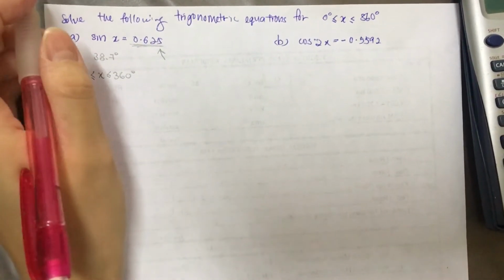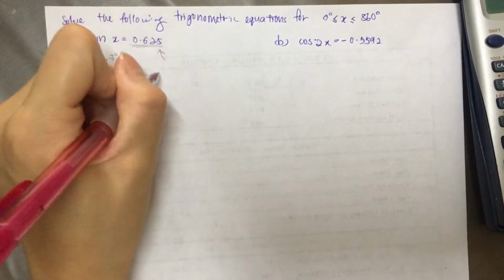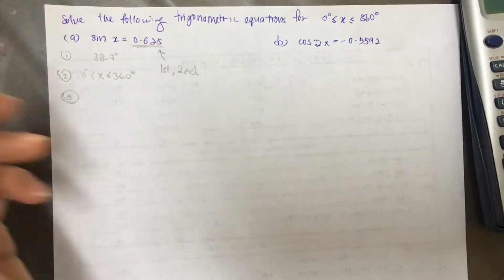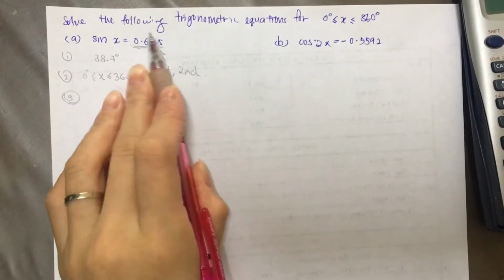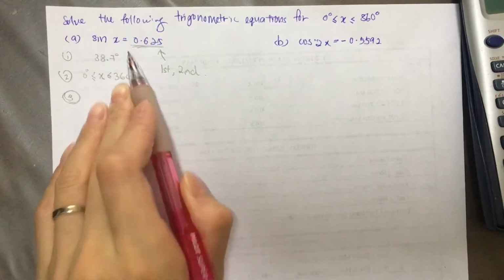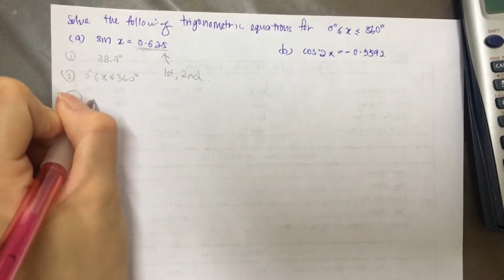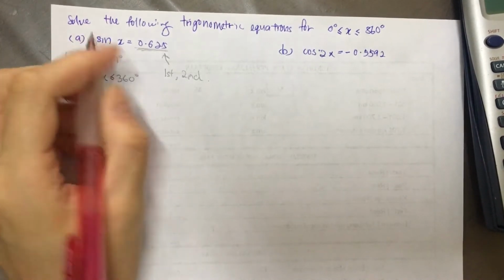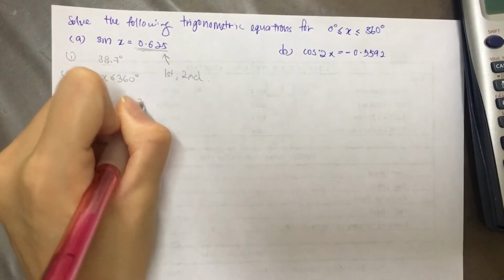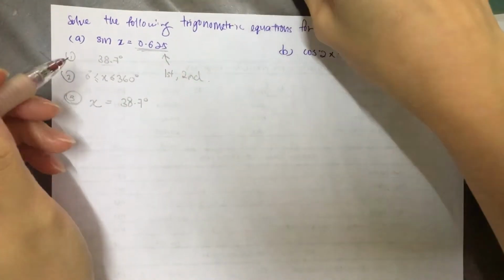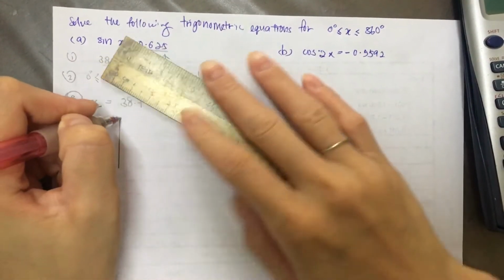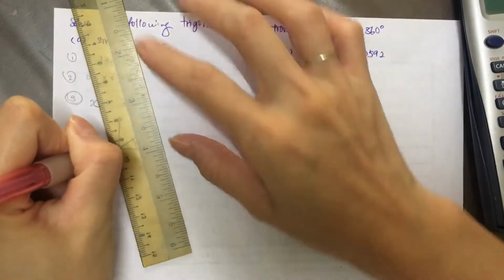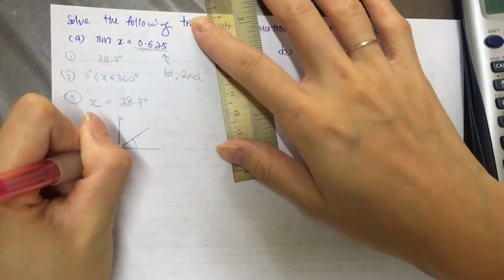The angle lies on the first and second quadrant for a positive value. Because this is a positive value, we know that sine is positive in the first and second quadrant. So your first quadrant angle will be 38.7 degrees. If you really don't know, just draw it out. You want to determine this angle and also the second angle, which is here.